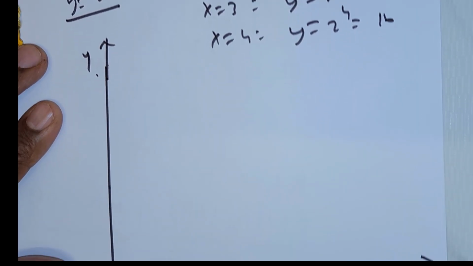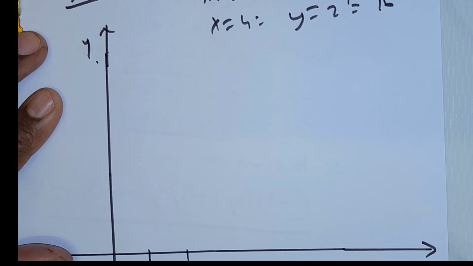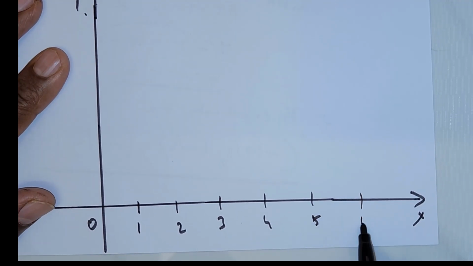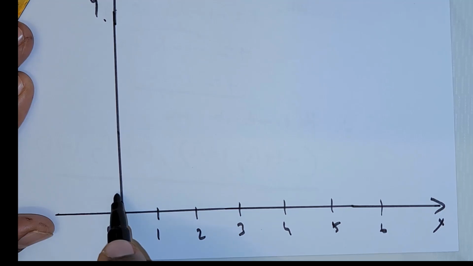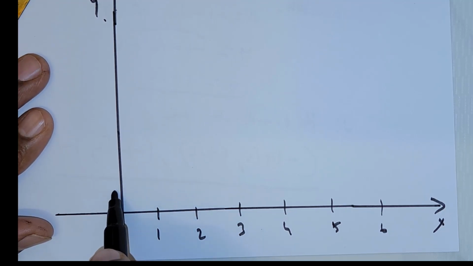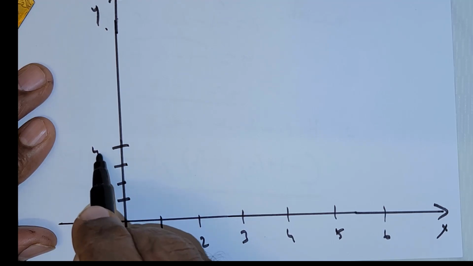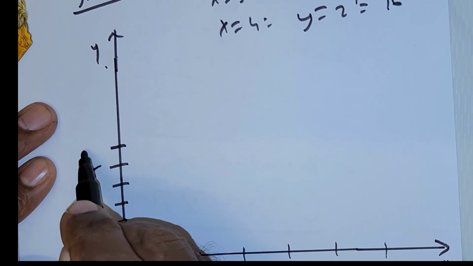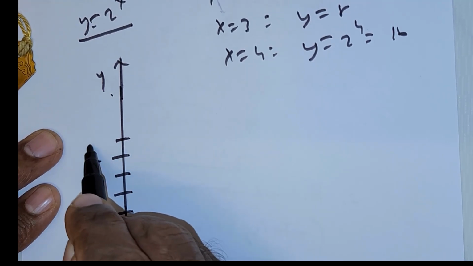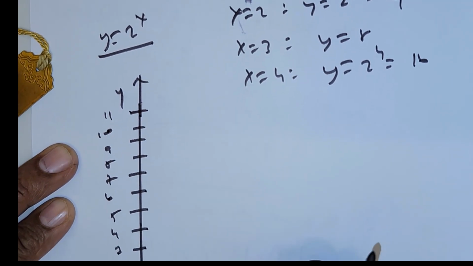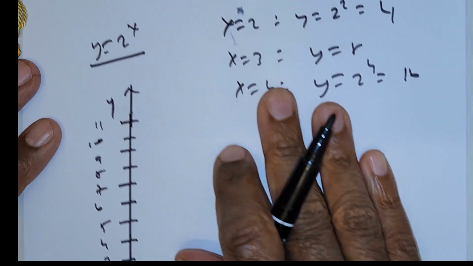The points are 0, 1, 2, 3, 4, 5 and 6. The points for y are, I'm going to take it as 1, 2, 3, 4, 5, 6, 7, 8, 9, 10, 11.